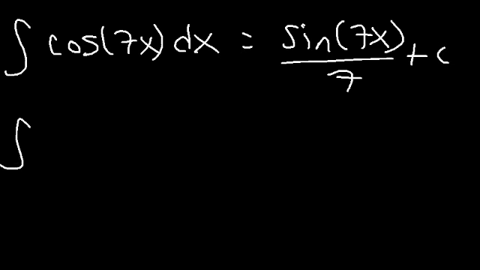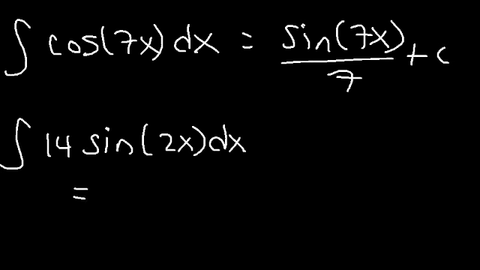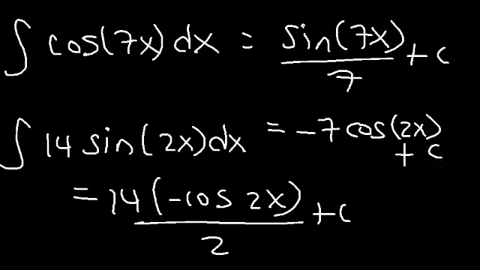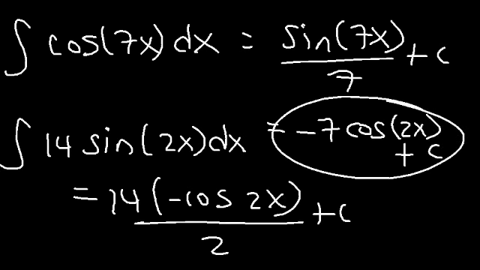Now what is the antiderivative of 14 sine 2x? So this is just going to be 14 times the antiderivative of sine, which is negative cosine 2x, but divided by 2. So we can reduce that to negative 7 cosine 2x plus c. 14 divided by 2 is 7.